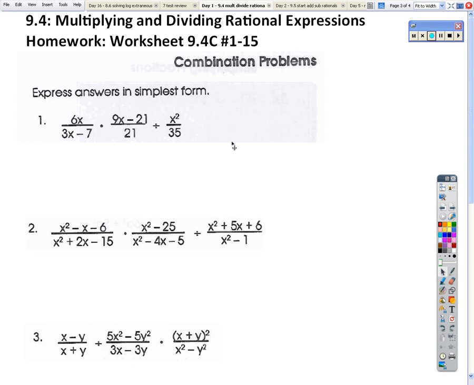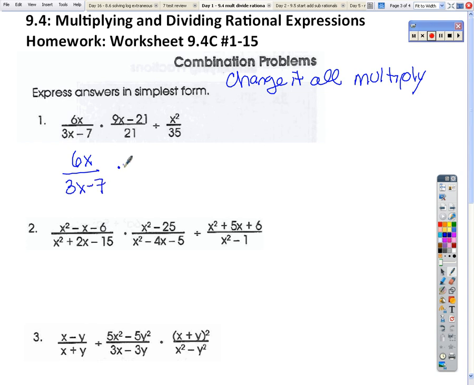Okay, so now we're going to do a combination of multiplying and dividing, which really, the easiest way to do these is change it all to multiplying. So for number 1, I'm going to get 6x over 3x minus 7 times, and while we're changing it to multiplying, let's factor out anything we can.